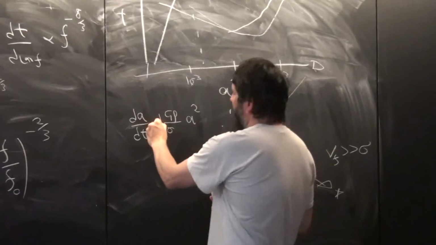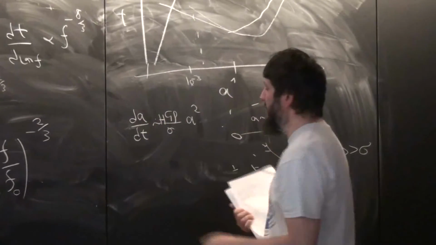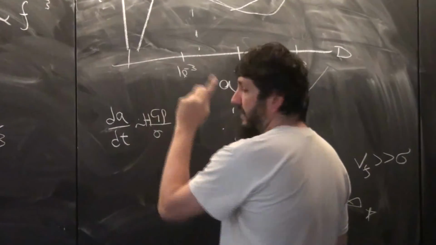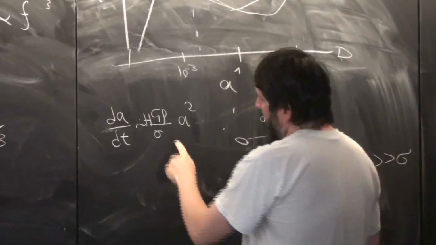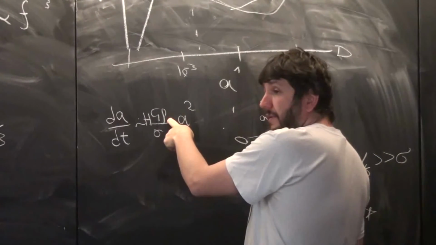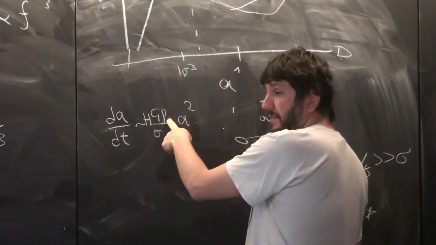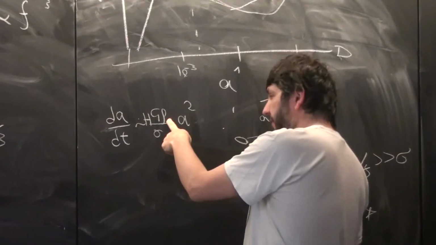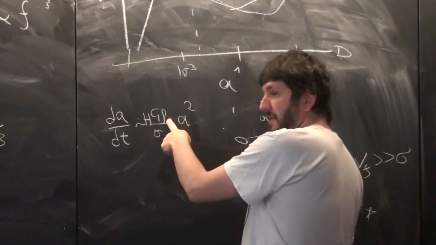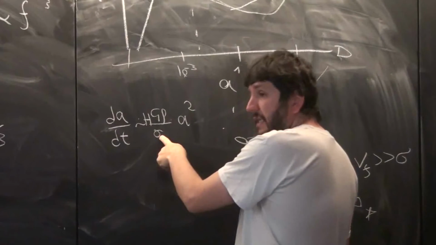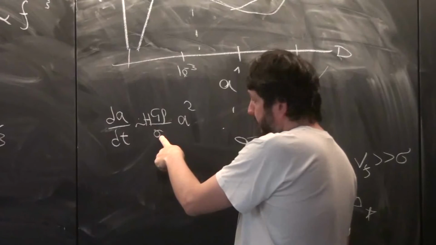There is a number here, this is a dimensionless number, but G is the gravitational constant, don't forget about this. Rho is the typical density of your stellar background, so how much mass you have per cubic parsec. Sigma is the typical velocity dispersion of your stellar background.